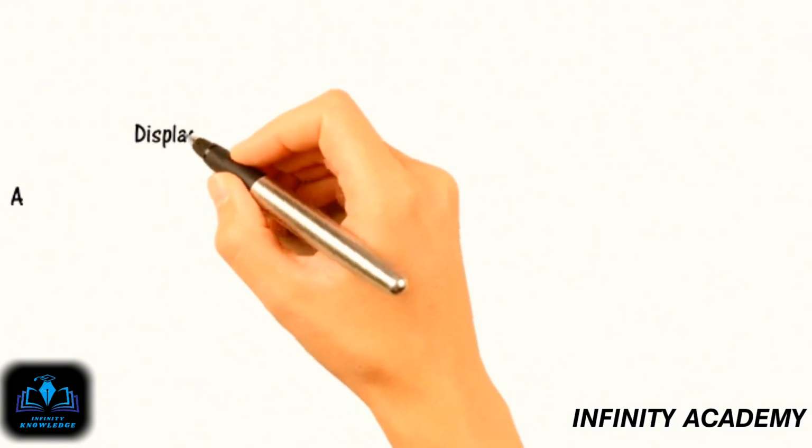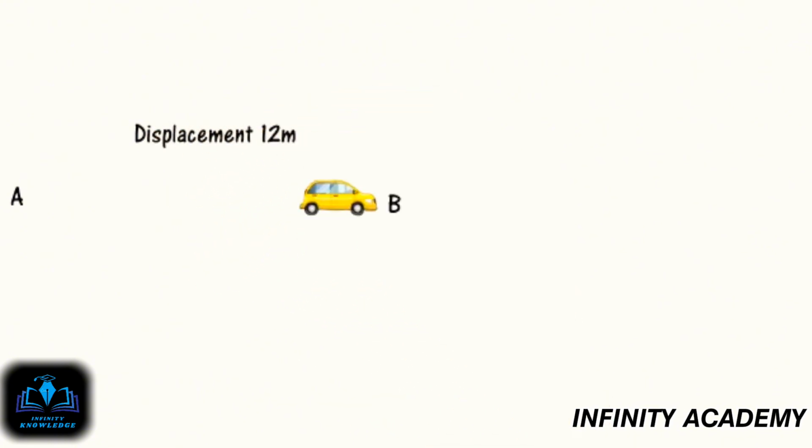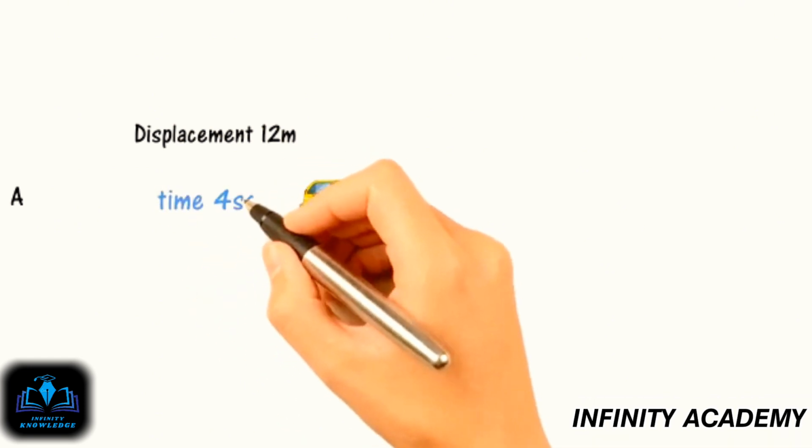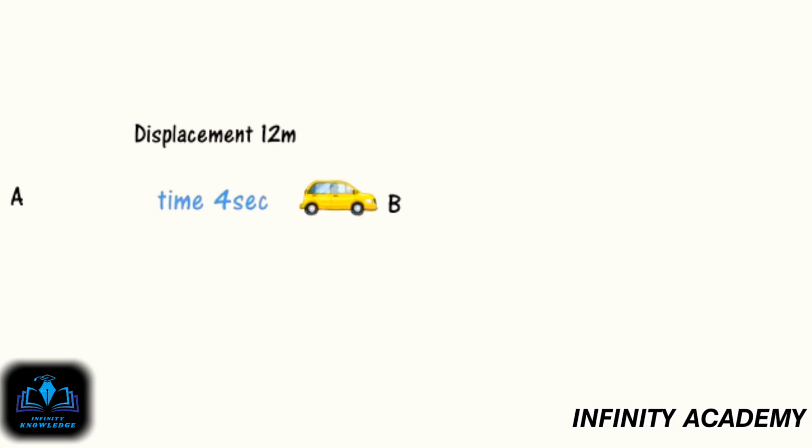Let's consider a car standing at a point A, and the car is moving from point A to point B. Let the displacement of the car from point A to point B be 12 meters, and let the time taken by the car to move from point A to point B be 4 seconds.